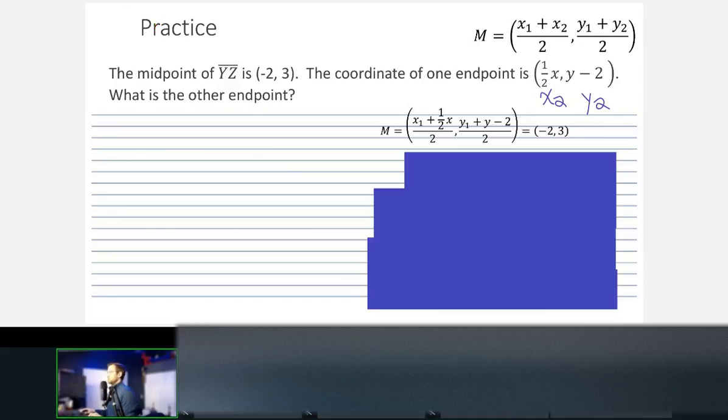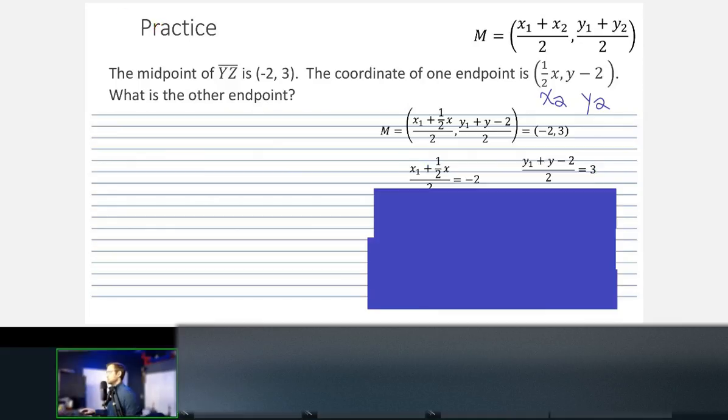So we are going to set those pieces equal to their respective midpoint. We got the x stuff equal the x midpoint answer, and the y stuff equal the y midpoint answer. The reason it doesn't matter if we have a fraction within a fraction is that we're going to clear these fractions right now by multiplying both sides by 2.